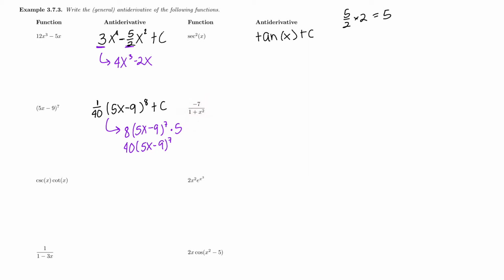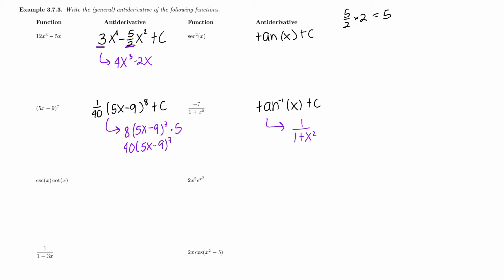For this next one here, this looks a lot like tan inverse, right? We know that tan inverse of x has the derivative 1 over 1 plus x squared. So it looks like it should be that.